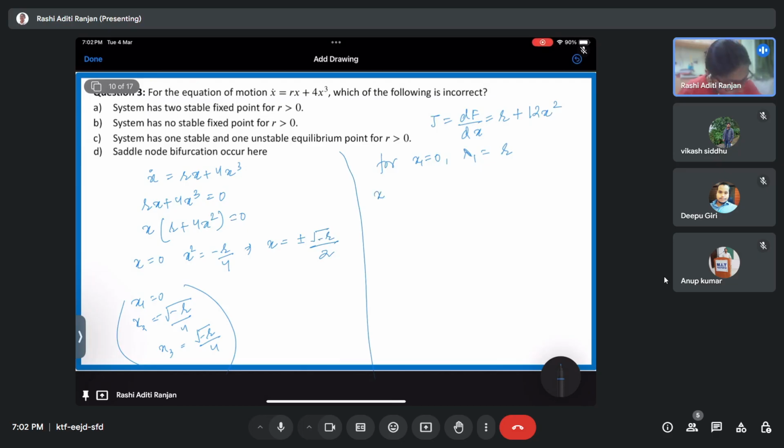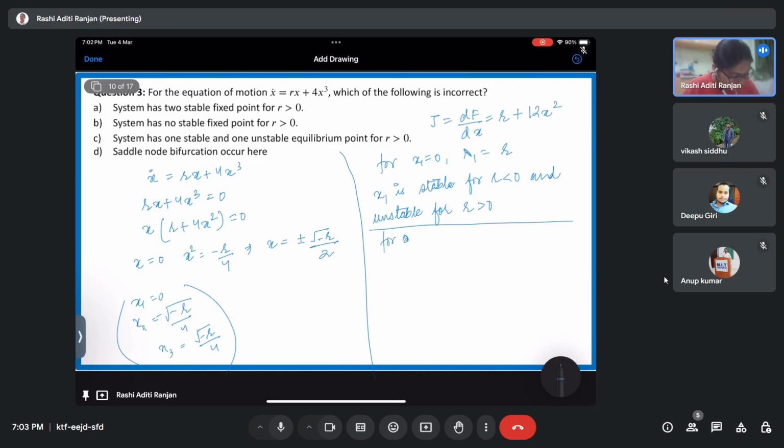So my x1 is stable for r less than 0, and unstable for r greater than 0. Obviously, because for r less than 0, the eigenvalue is negative, stable. For greater than 0, eigenvalue positive, unstable. Simple.